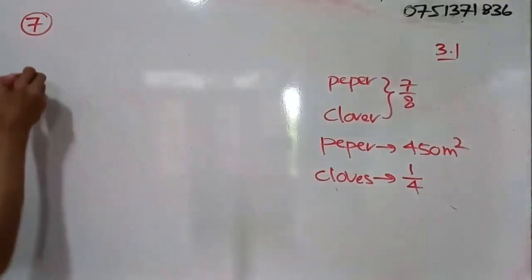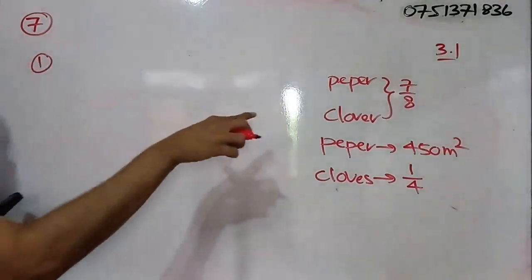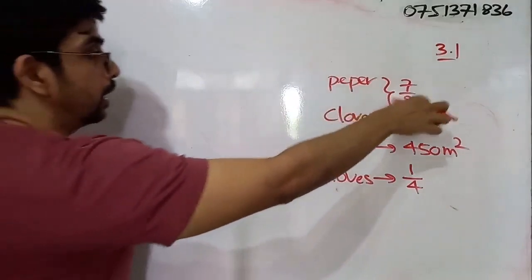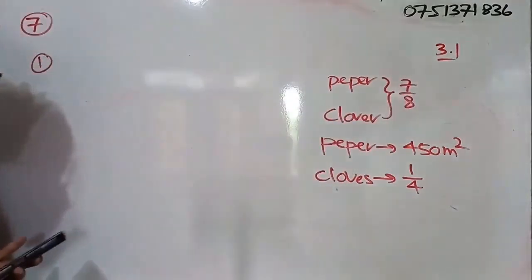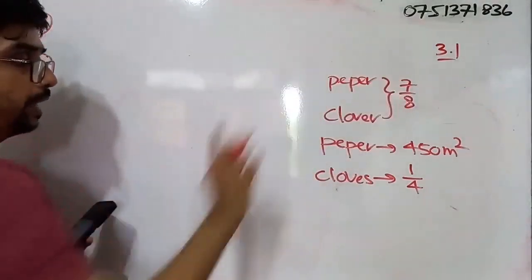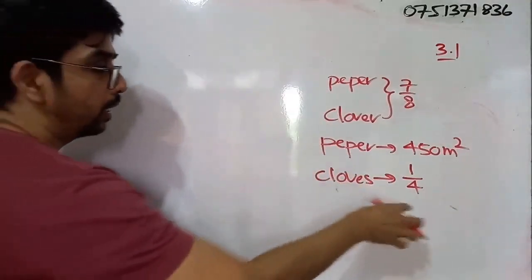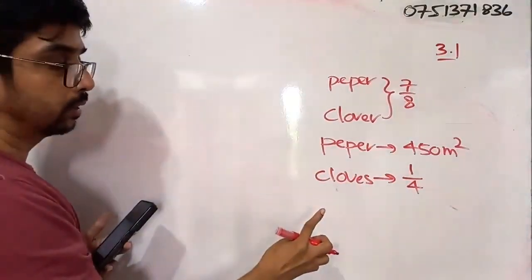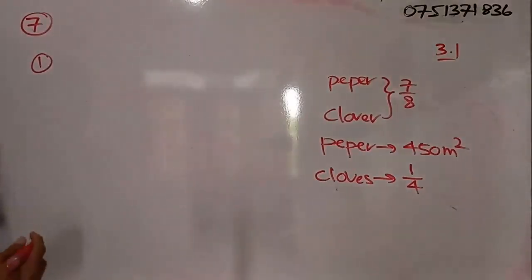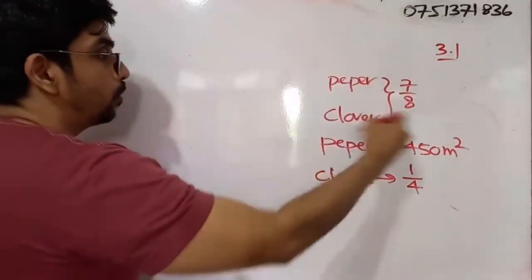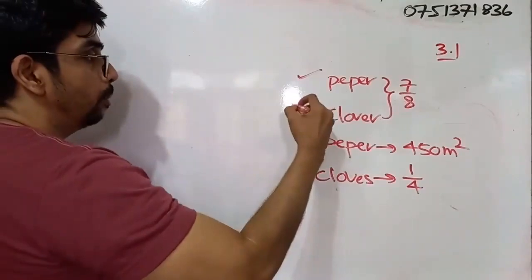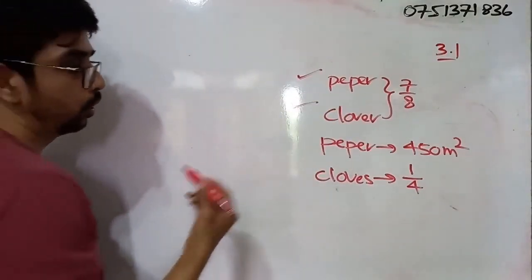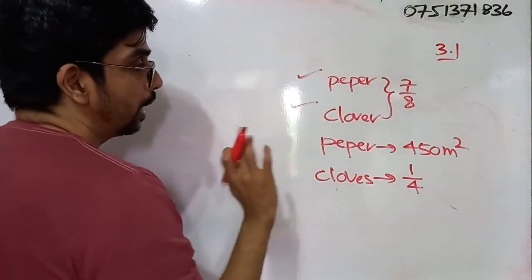So in the question, it says both have been cultivated on this amount of land, which is 7 of 8. And out of that, 1/4 is what? Cloves. Then we know the total amount of land on which both pepper and cloves have been cultivated.